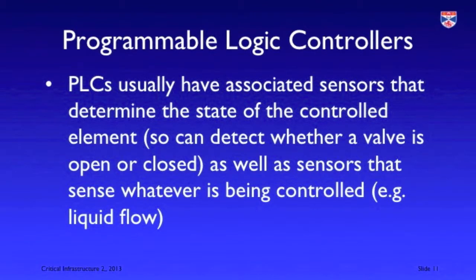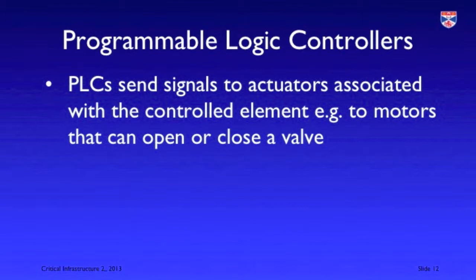PLCs have sensors associated with them which they can use to discover the state of the equipment, and they can send control signals to actuators, things which can change the equipment state, so they can open or close a motorized valve in a pipeline, say.